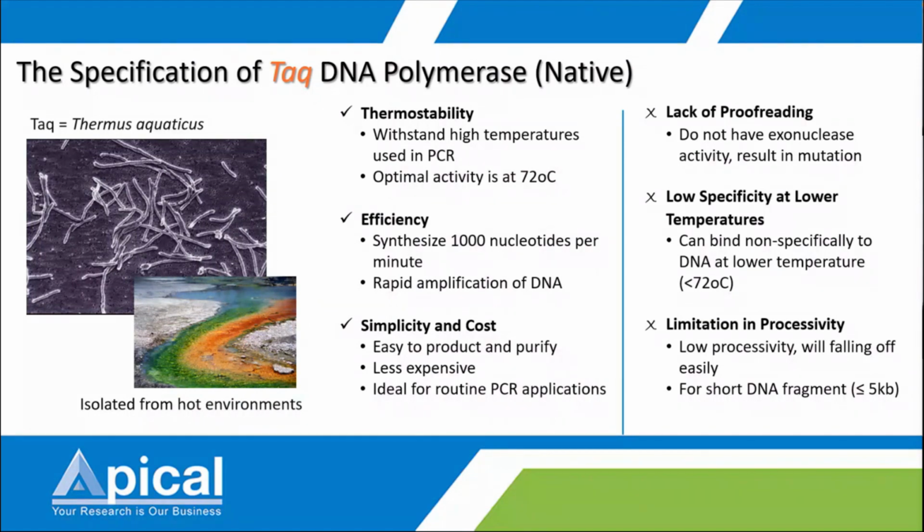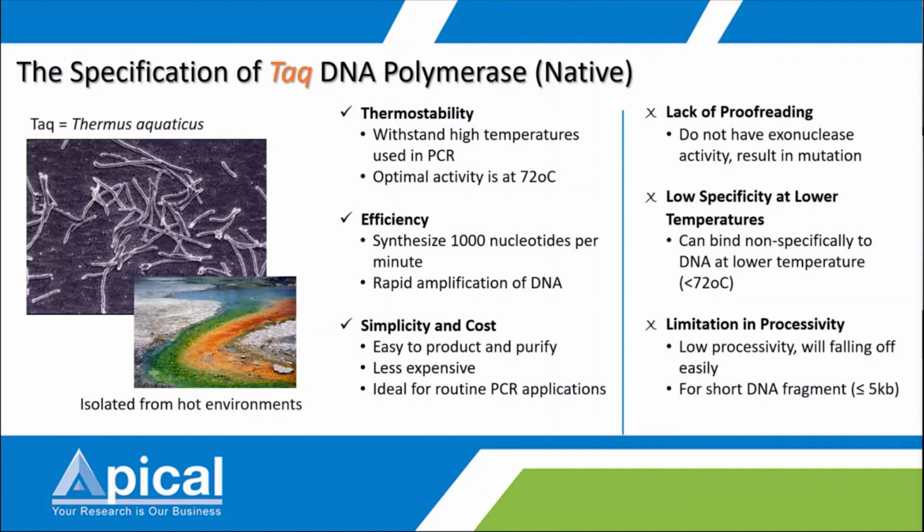That's why it is suitable for routine PCR. The production and purification of Taq DNA polymerase is relatively easy, and this makes it less expensive compared to other polymerases. The accessibility of this polymerase makes it ideal for most PCR applications.